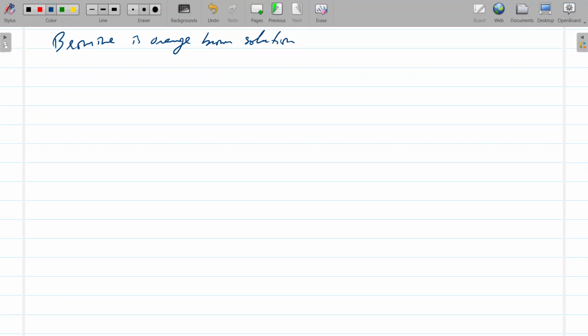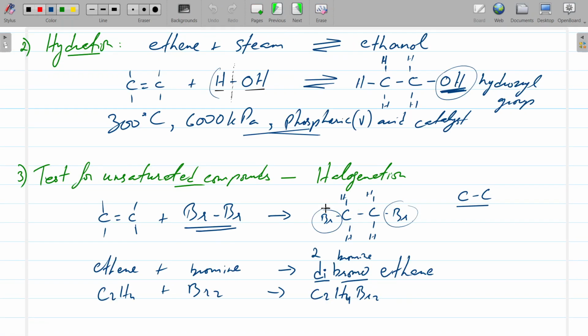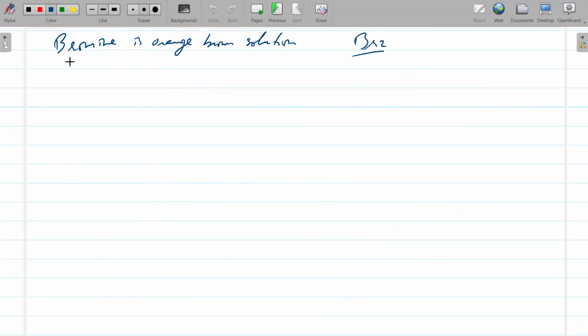This is when it's just a solution of elemental bromine, Br2. When there's an unsaturated compound, which in this case is ethene, and the addition reaction takes place, the bromine is incorporated into the organic molecule.